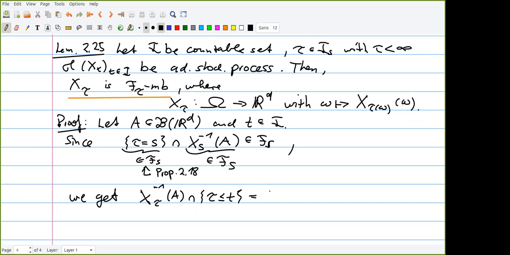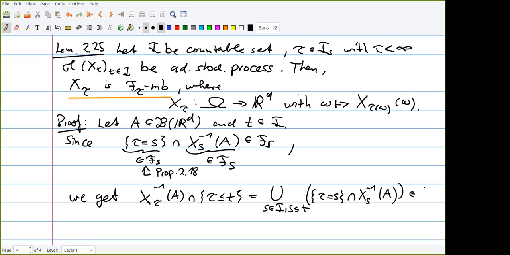Well, this is nothing else than the union over all s less or equal than t of tau being equal to s intersected with the pre-image of the process at time s of the set A. Right?